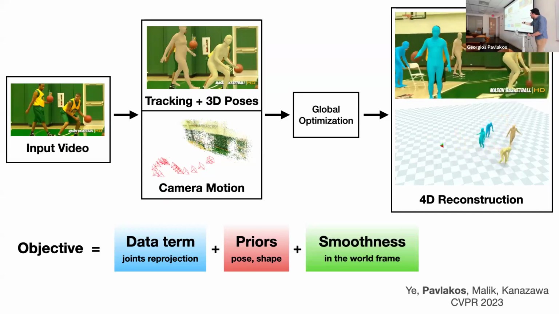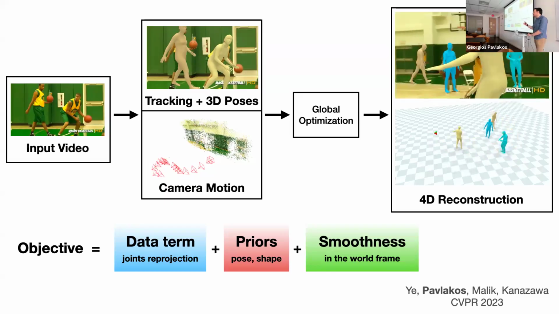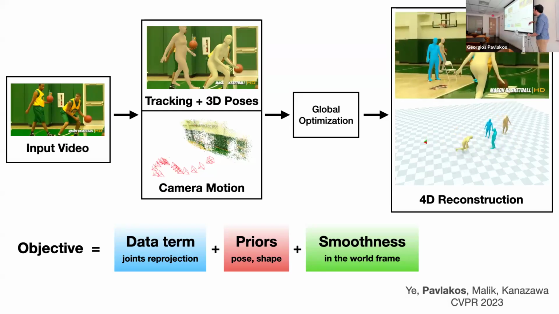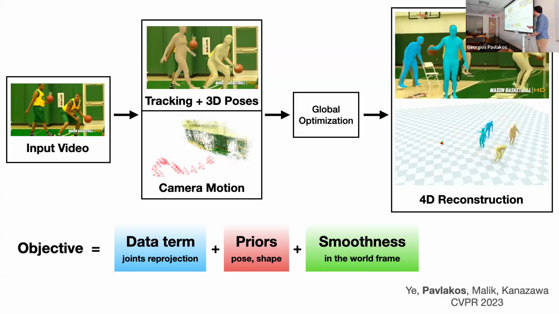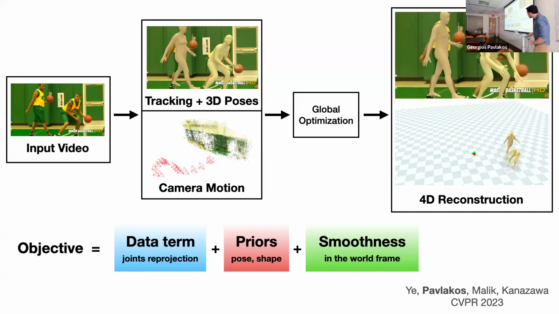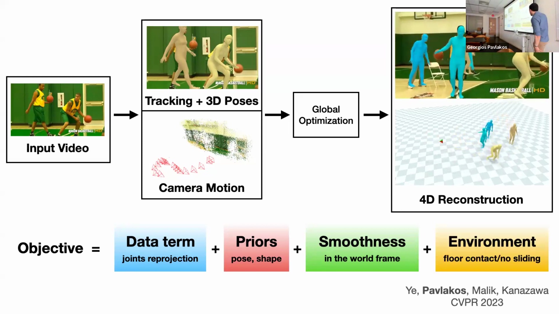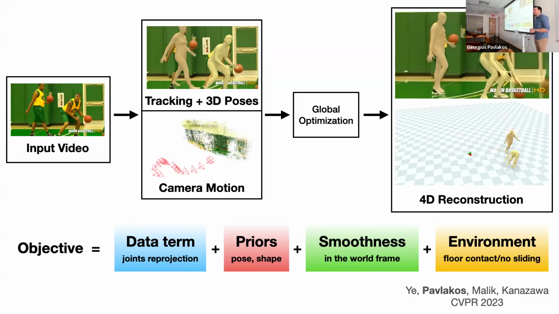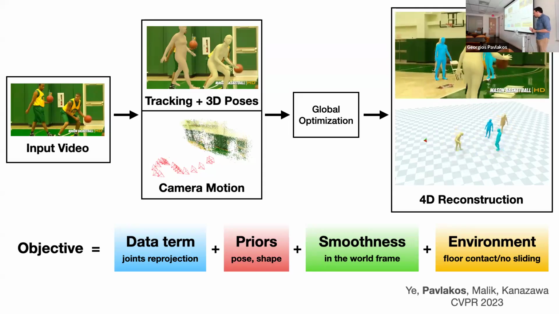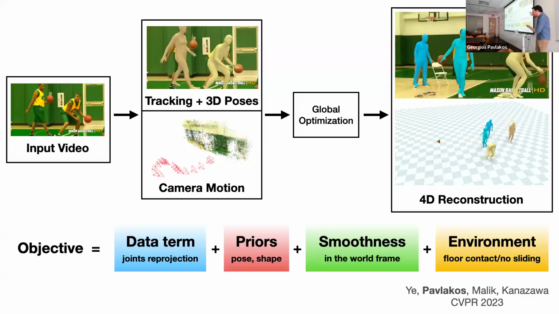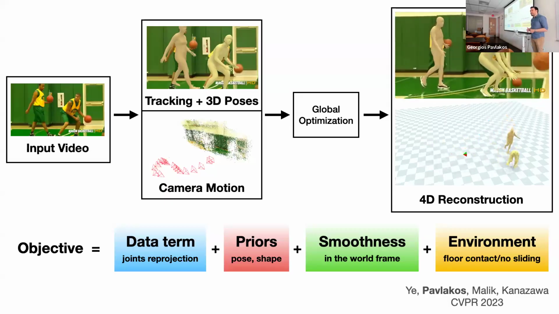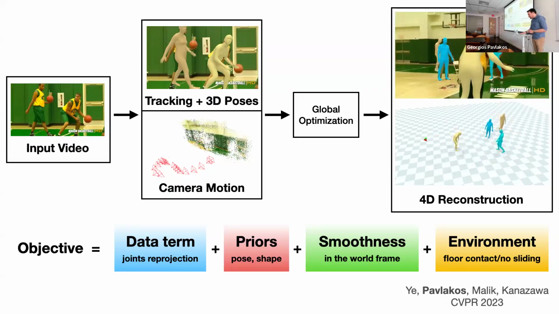The extra thing that we can add here is a smoothness term to make sure that the reconstruction in the world frame is consistent over time. And because we also recover the floor, I'm not sure if it's visible here, we also have some environmental constraints to avoid sliding and interpenetration with the floor. So that's how we are currently dealing with this temporal reconstruction.